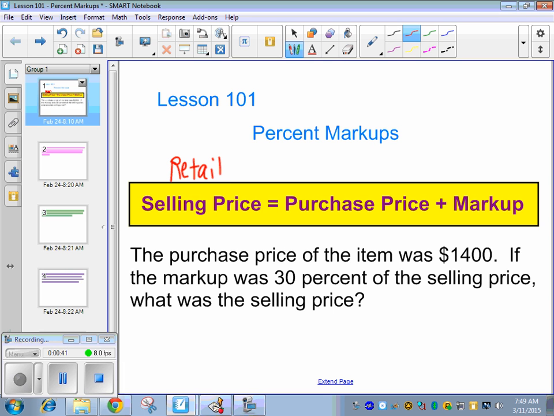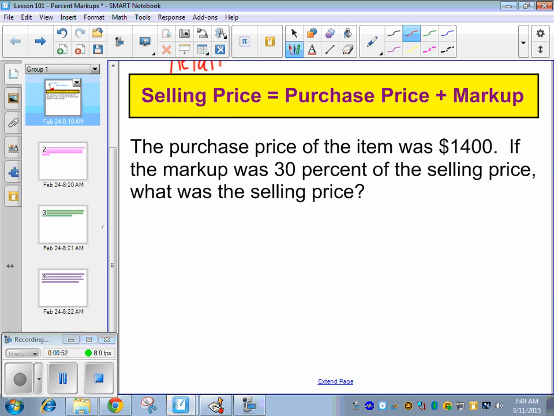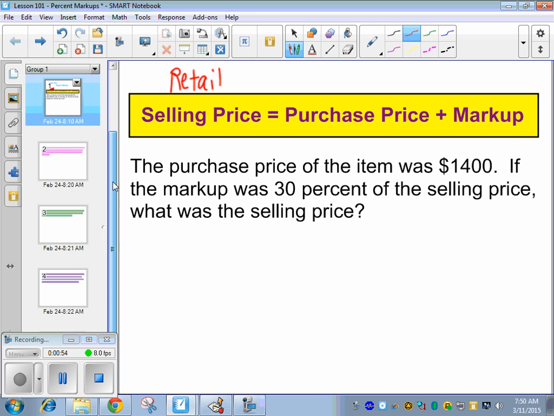So the purchase price of an item was $1,400. If the markup was 30% of the selling price, what was the selling price? We're going to use this formula, and you definitely want to make sure you have that written down.